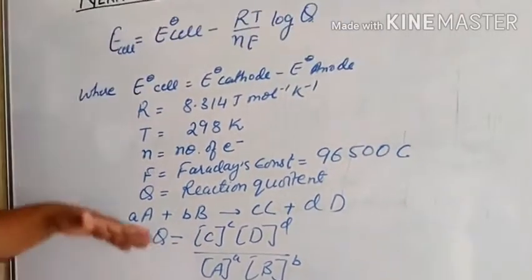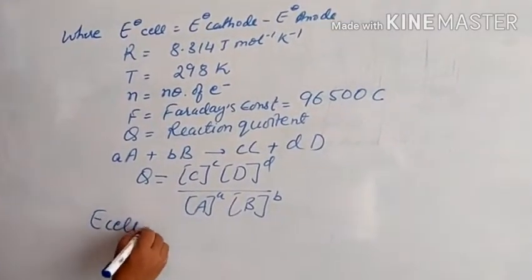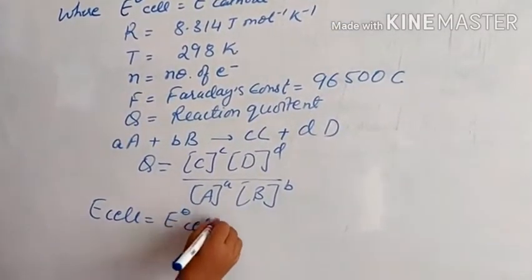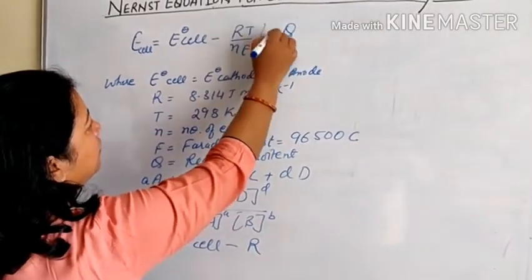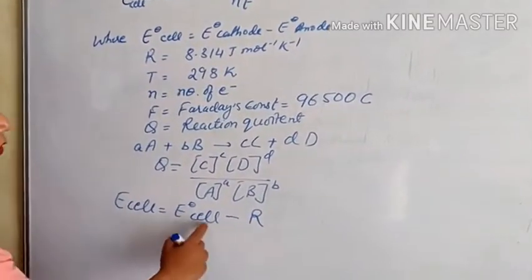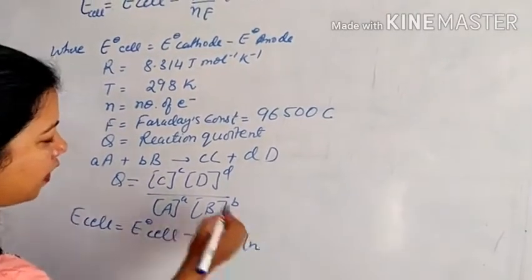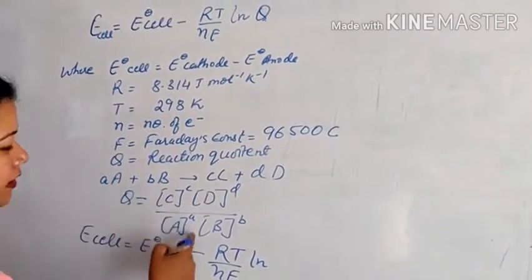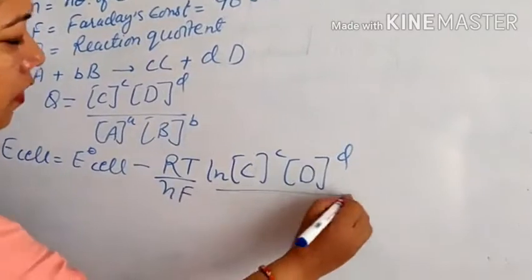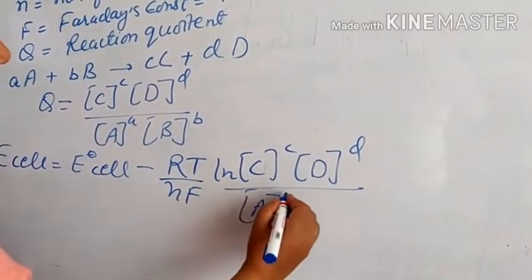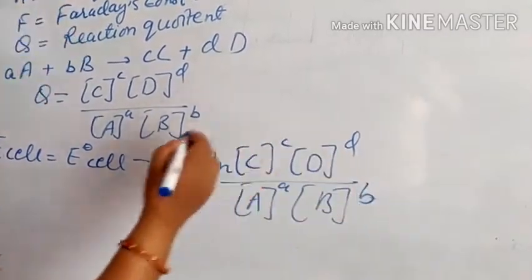So replacing this value in the above equation, we can write E cell is equal to E naught cell minus RT upon NF, ln of Q, the natural log of Q. In place of ln of Q, we can write this value. So this is how we can write a general Nernst equation for an electrochemical cell.